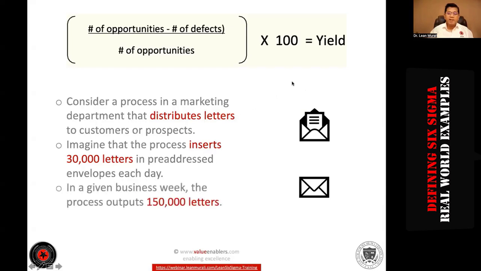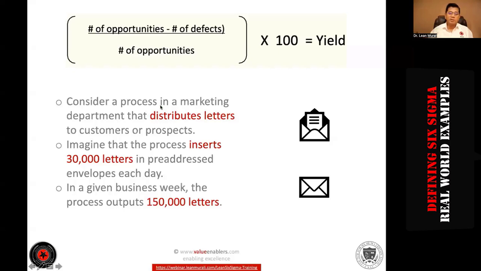In a given business week, the process outputs 1.5 lakh letters, which is 5 into 30,000.